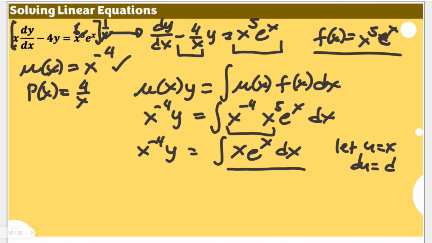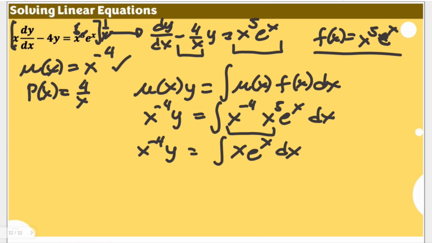If we let u be e to the power of x, its du is e to the power of x dx as well, so there's no coefficient, or no function with x as its variable. Hence, this is a clear indication that we are going to use integration by parts.